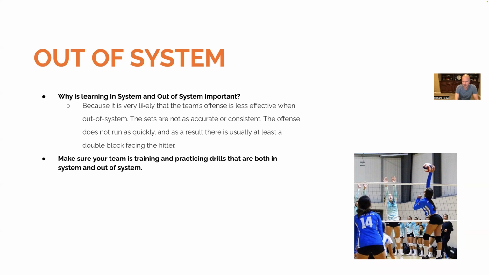That's more in system training. It's important to mix that up. Have the setter, for example, start right back in base, slap the ball as the coach, have them run up, give them maybe a two pass, a one pass, and then have those hitters transition depending where that toss and that set is.